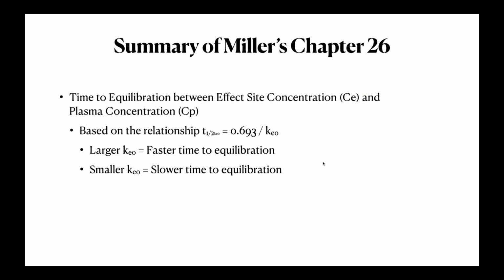So the time to equilibration between effect site concentration and plasma concentration is based on the relationship T half KE0 equals 0.693 divided by KE0, which means that a larger elimination rate constant equals a faster time to equilibration, and a smaller KE0 equals a slower time to equilibration.